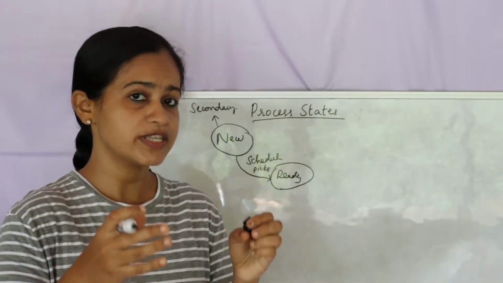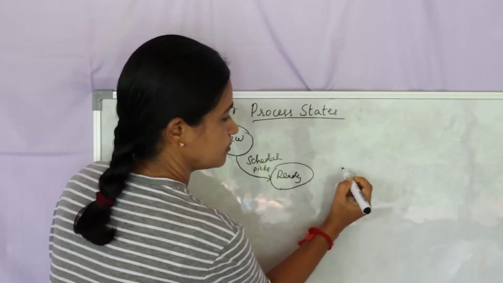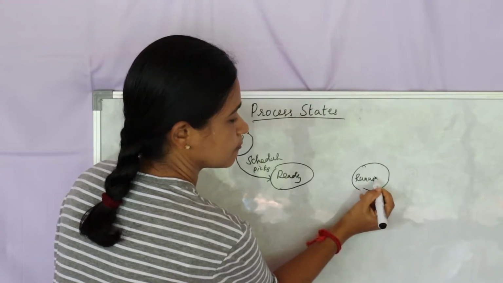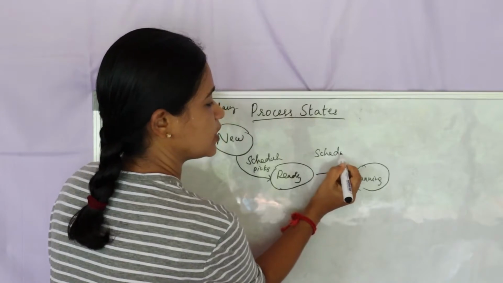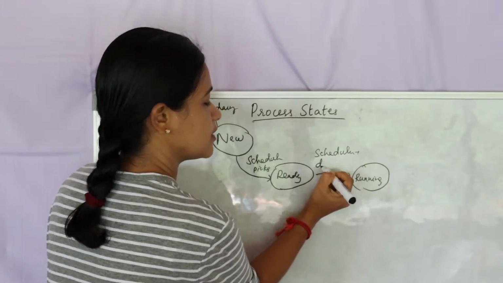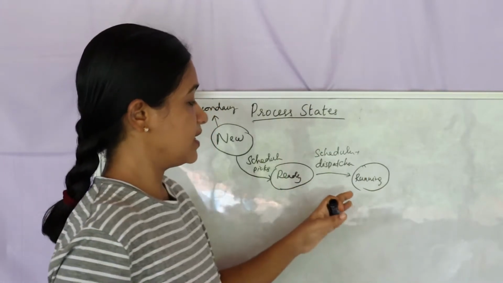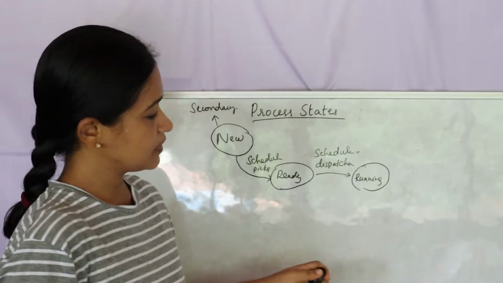So that time the process moves from ready state to running state. When it is picked by the scheduler and the dispatcher assigns CPU to that process, it goes into running state.